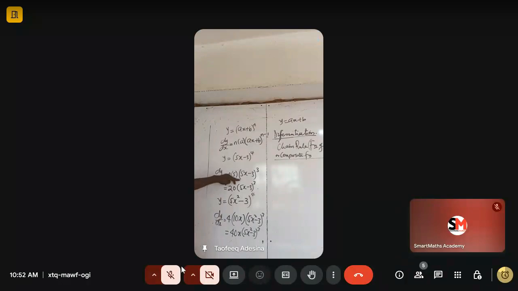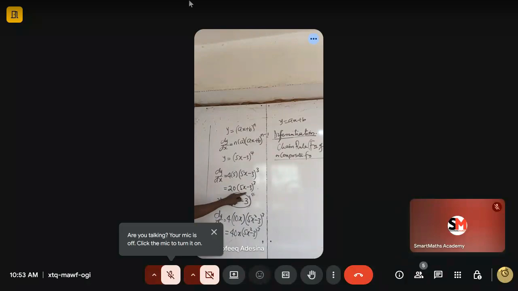You differentiate the inside of this. The inside is 5x squared minus 3.